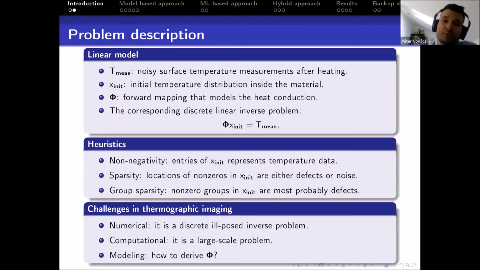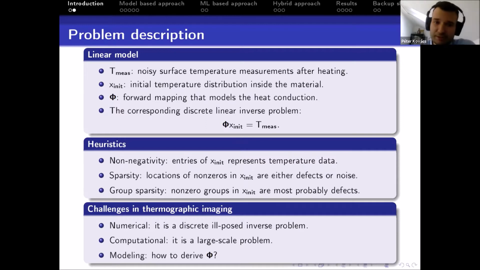From a computational point of view, the size of the matrix, the rows and the columns, is proportional to the number of pixels in the surface temperature images, which could be hundreds of thousands of pixels, so it's very large. And it's also not straightforward how we can derive the phi matrix in the equation. So it is just an approximation of what is happening in the real world.